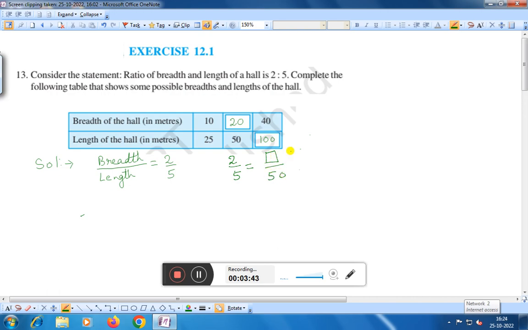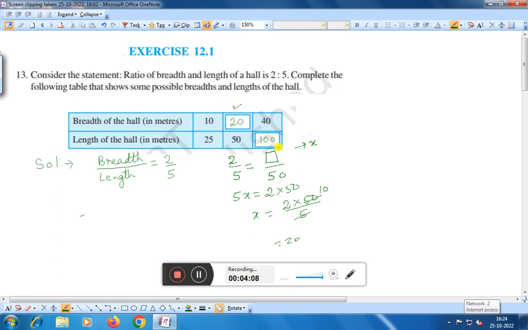If we take this dash as x and cross multiply, then 5x is equal to 2 into 50. Therefore, x is equal to 2 into 50 by 5, which is 2 times 10, that is 20. Therefore, the value of x is 20.